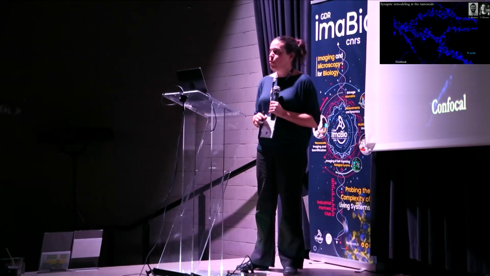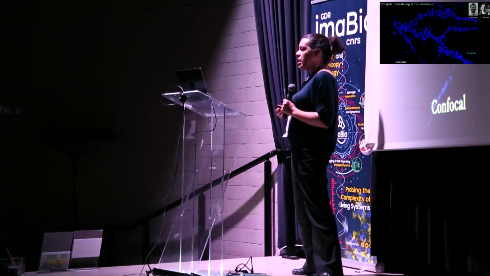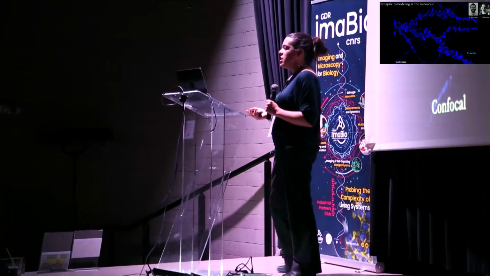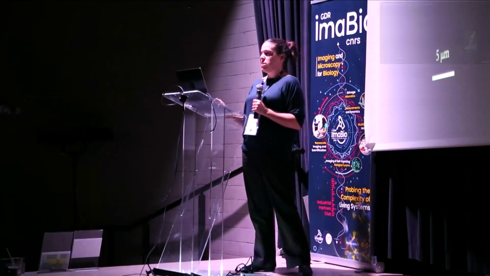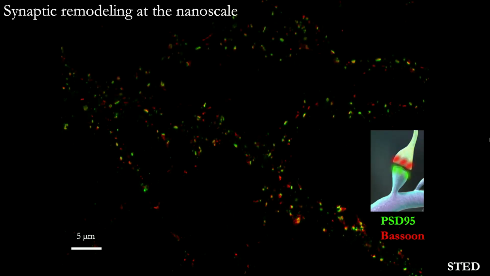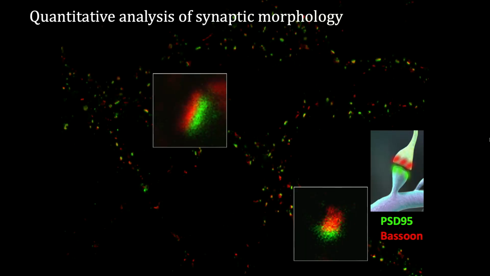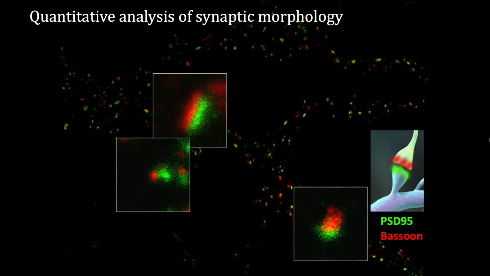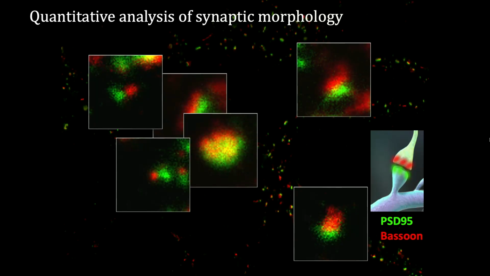is fully unsupervised training, where we wanted to analyze synaptic remodeling at the nanoscale and analyze synapses as a full population. So when we get our images of synapses, they are very beautiful, but also very complex, because we have a full, heterogeneous population of synaptic structures, and also different levels of association between the pre and the postsynaptic site.